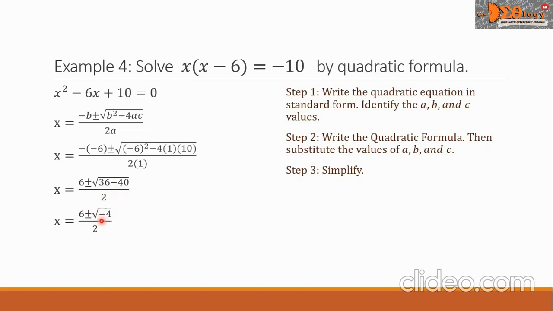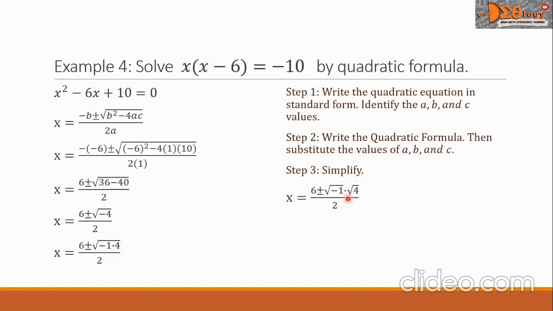Let us factor out this negative 4 so that the negative sign will get out from the 4. So we have to show that this is negative 1 times positive 4. Then let us distribute the radical sign to each factor here for negative 1 and positive 4. So here it is. So we have the square root of negative 1 times the square root of 4.